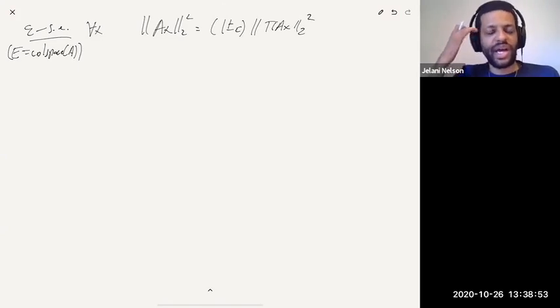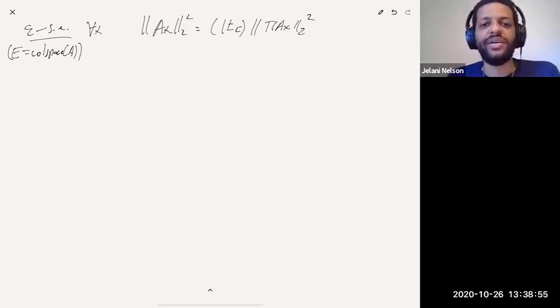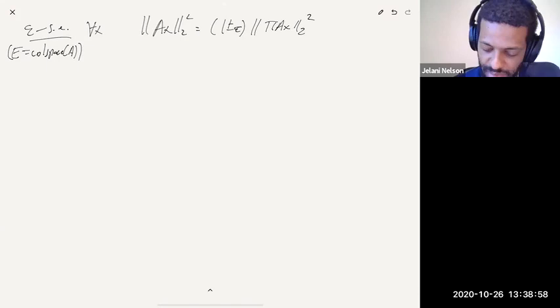Then I'll say that pi is an epsilon subspace embedding for the column space of A, which is a subspace.